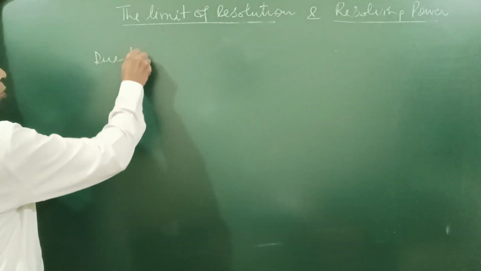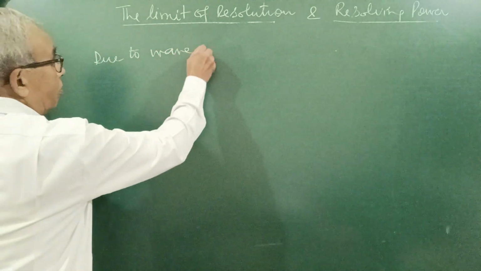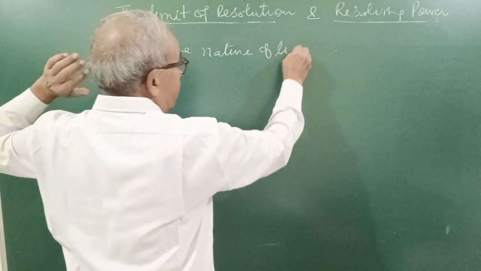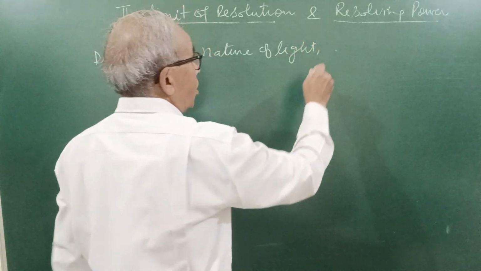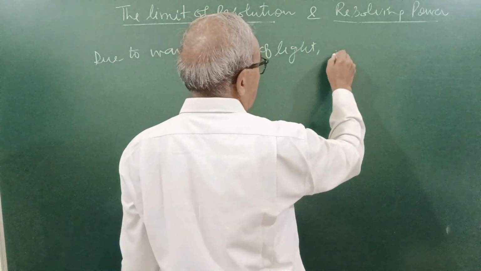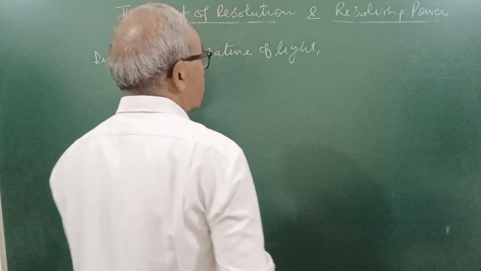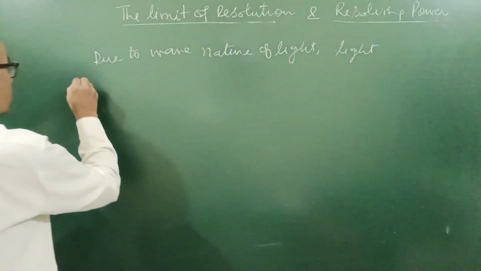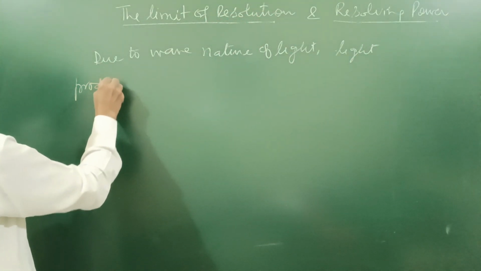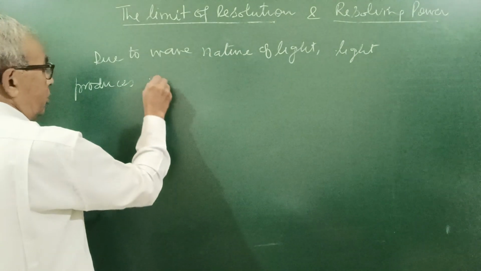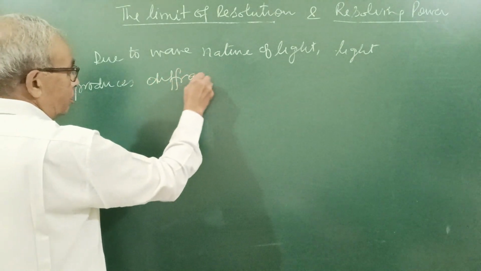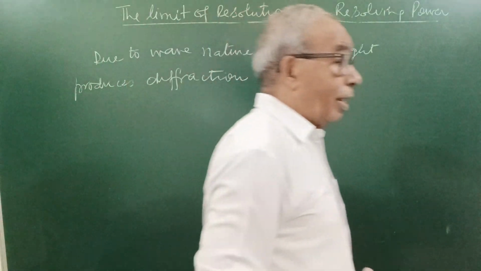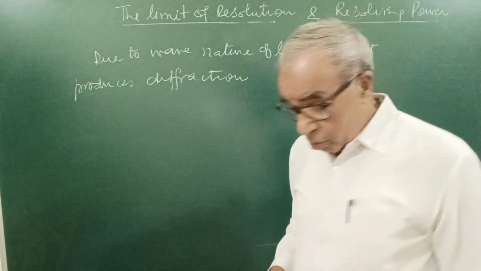Due to the wave nature of light, light produces diffraction. Diffraction is caused by light because of its wave nature.